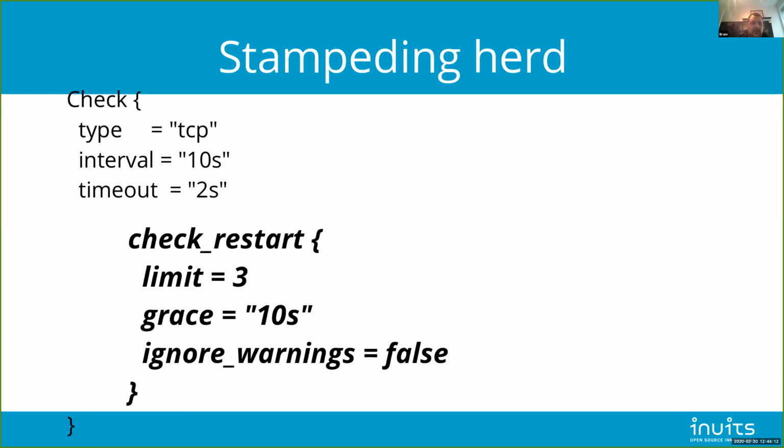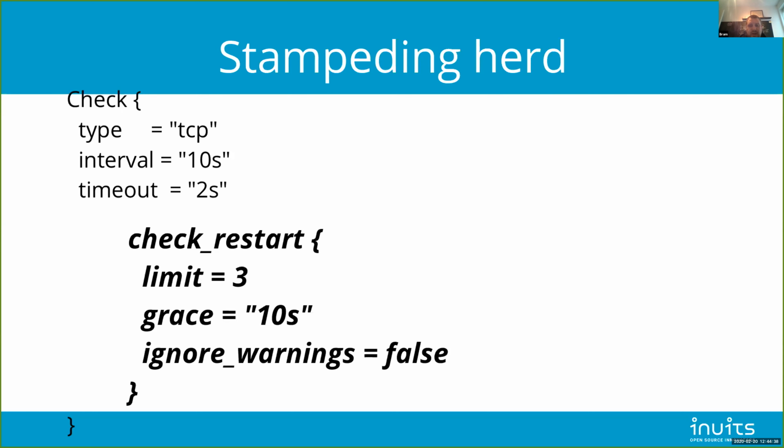We can actually prevent Nomad from restarting, and therefore killing off any CPU cycles we've got left. So inside our check, we can define our limits for how many times we're allowed to do a check before we're registering a fail. In this case, we're checking 3 times while ignoring warnings.